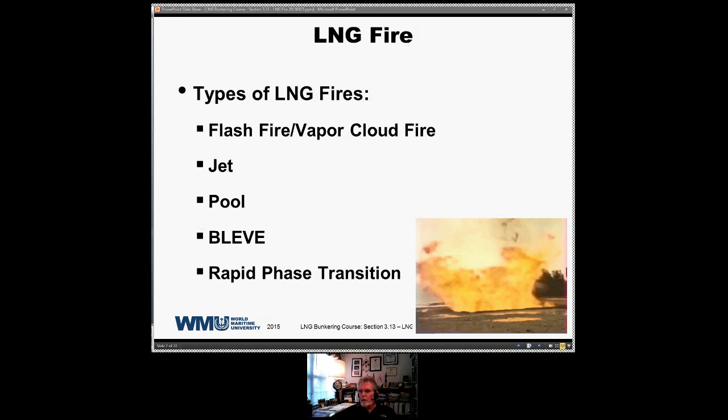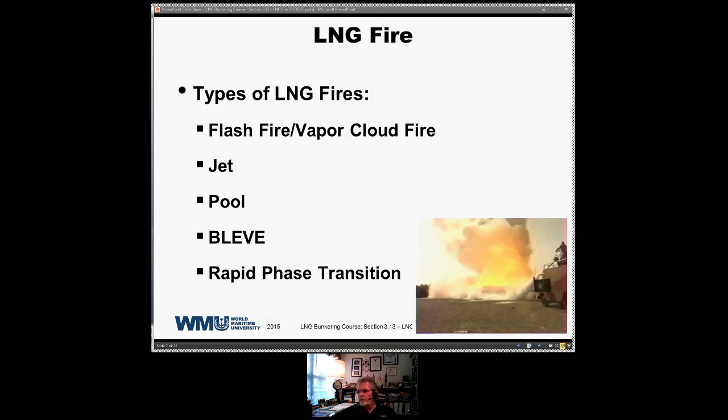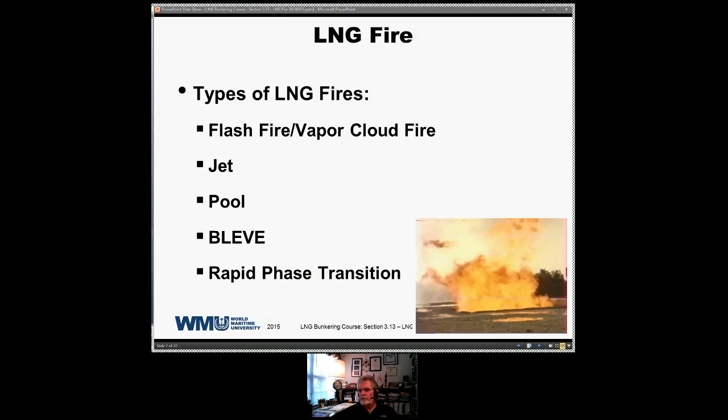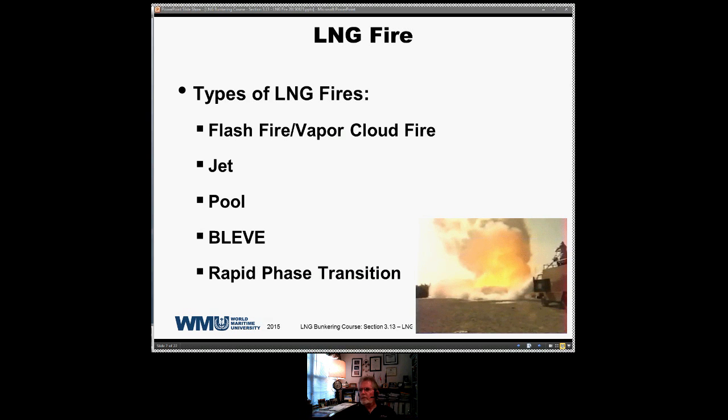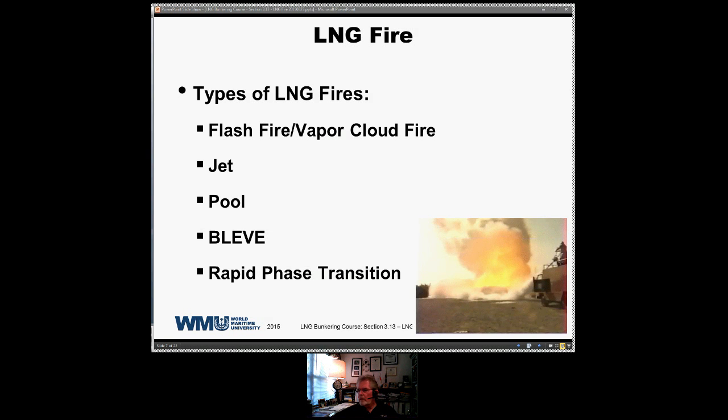We will see a short video of a BLEVE and see what actually happens, and I will explain what a BLEVE is later in the presentation. And then we have a phenomenon called rapid phase transition. We cover this under the fire area. Rapid phase transition is not a fire, but it is a phenomenon that can be seen with LNG.